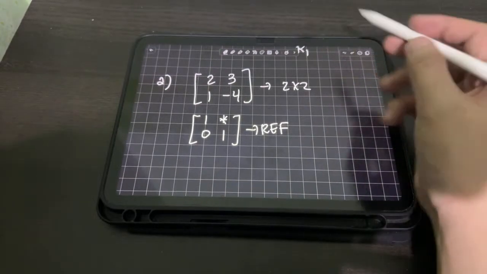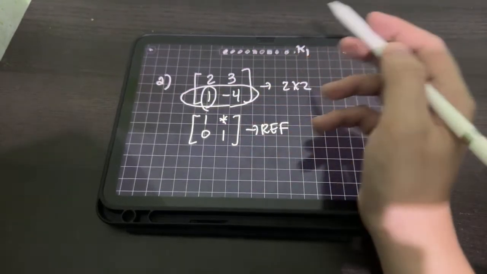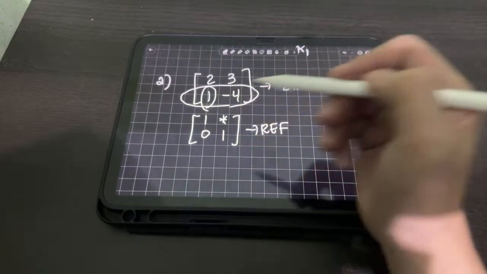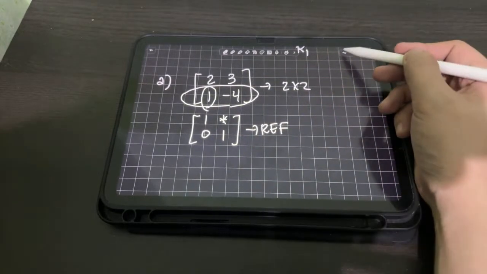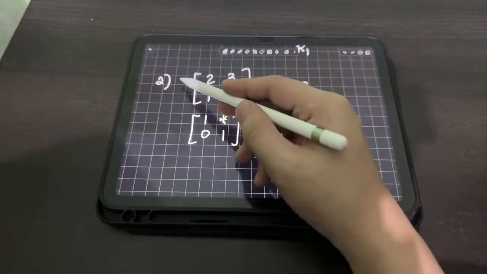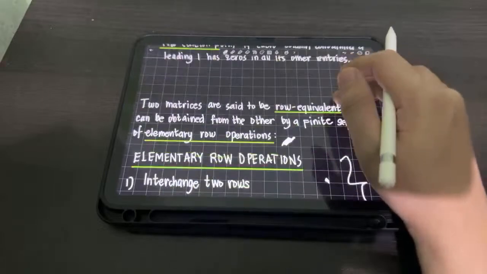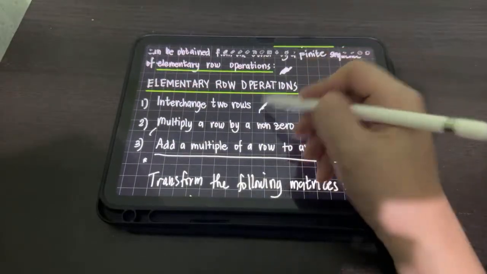Notice that the second row has its first entry 1, right? It's easier if you just interchange row 1 and row 2, because it's also an elementary operation, interchanging two rows, right?